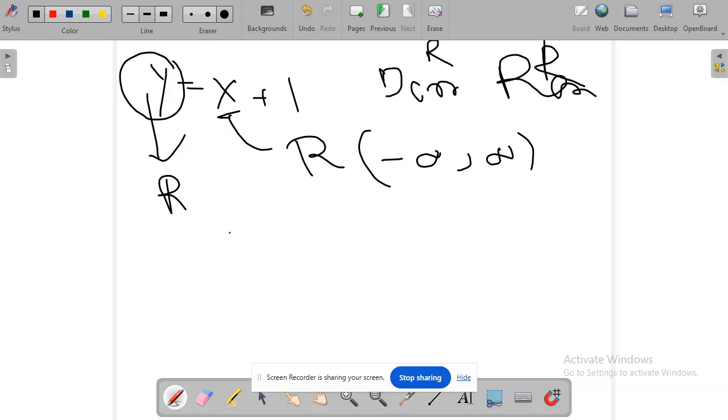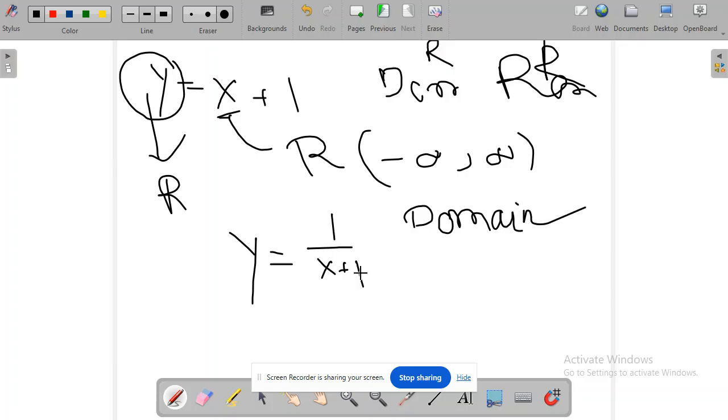So now what if we flip it and put it in this way, and I just ask you to tell me the domain. I'm not asking the range here, just the domain of this function. x can be all real numbers, right? But there is a but.